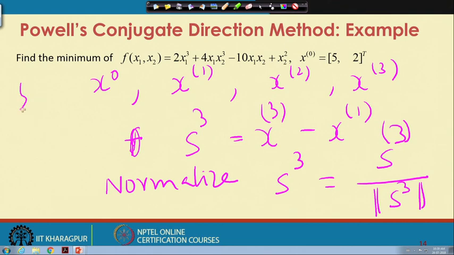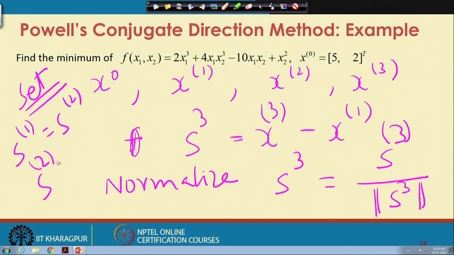So, now set S 1 equal to S 2, S 2 as S 3, and then go to the step where again you perform unidirectional search along S 2, then along S 1, then again along S 2.